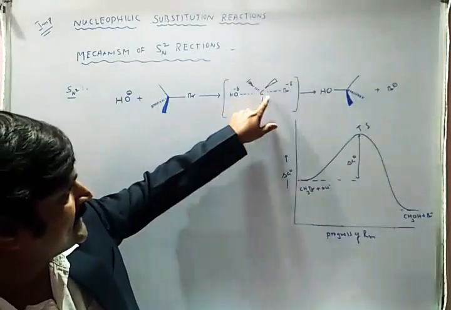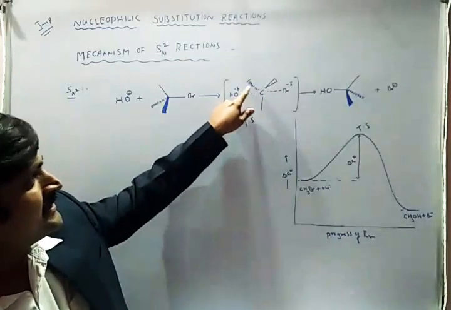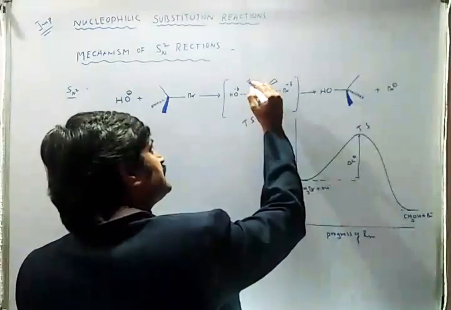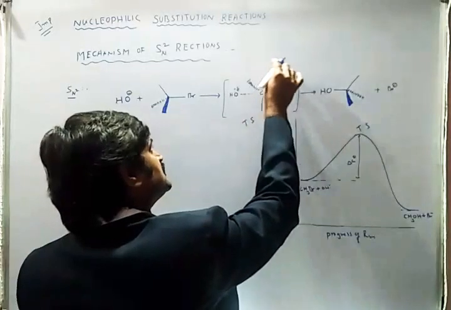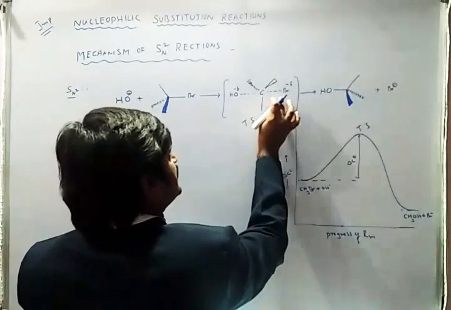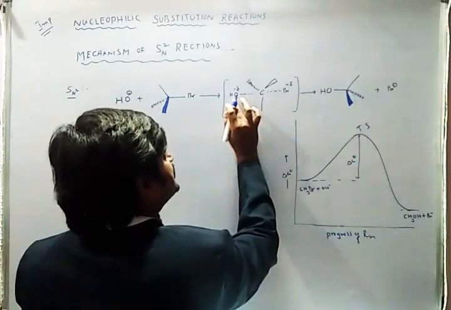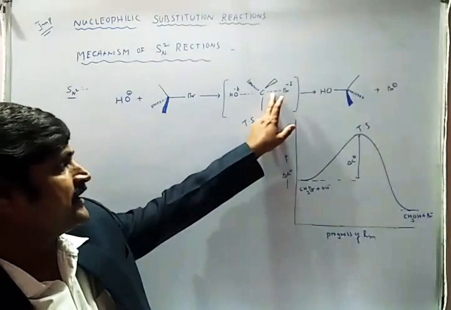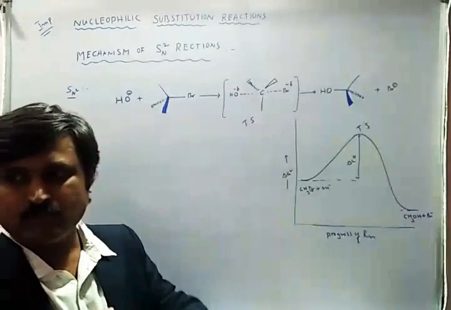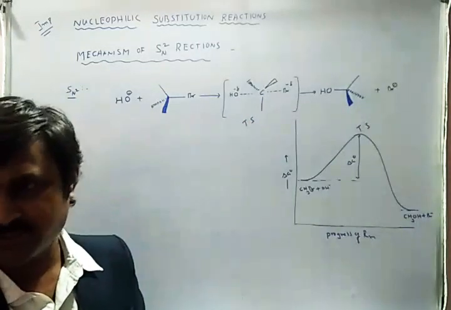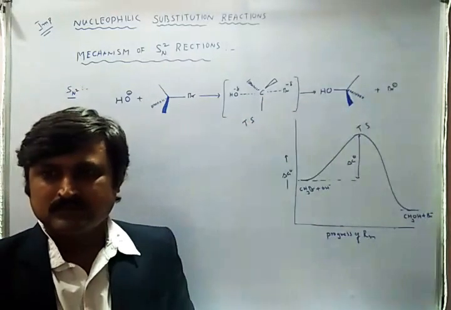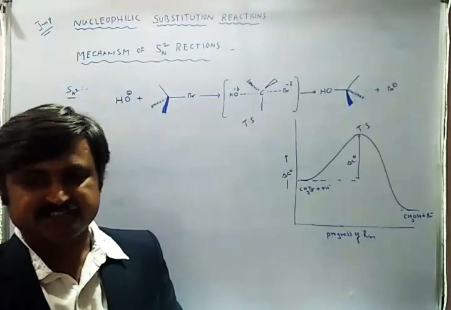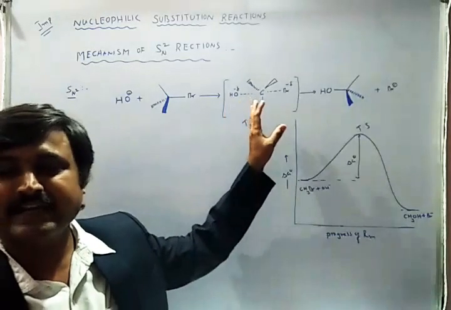The partial bond is indicated with the dotted lines, and this is a wedge-shaped structure. Here I have shown hydrogen, here hydrogen, these full bonds. These two bonds, this is OH and the carbon bond starts forming, and this dotted line indicates that the carbon-halogen bond starts separating out. Okay. Rather than tetrahedral, we have shown one pentacoordinate structure, that is called the transition state or intermediate state.